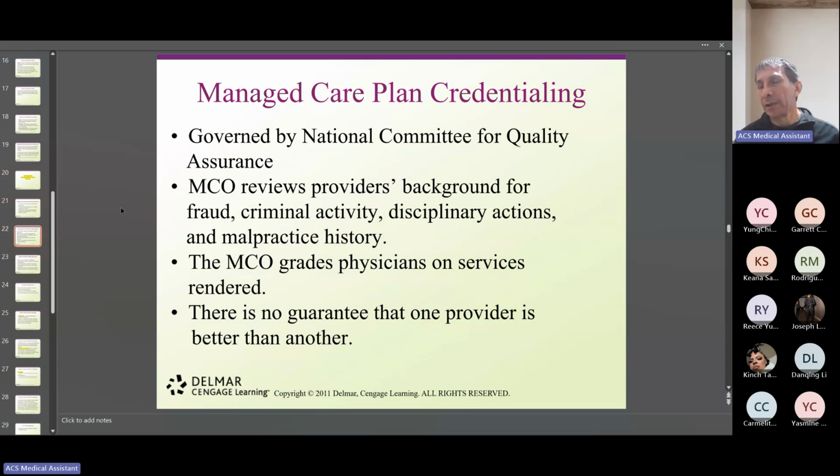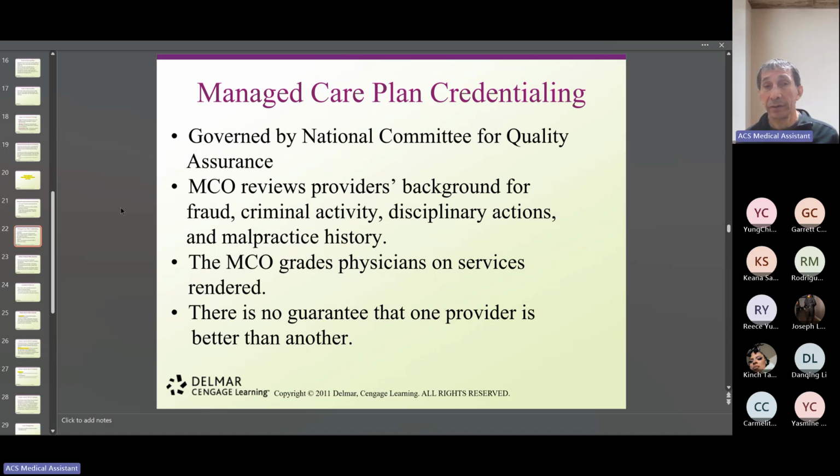So, managed care plan credentialing. When we talk about managed care, remember, this is a national, a federal, a government body that institutes these credentials.